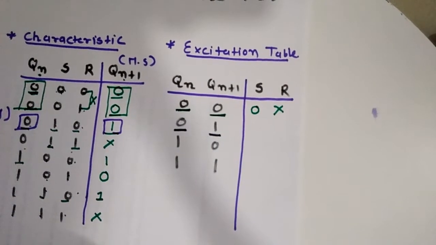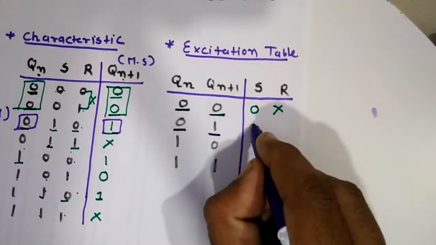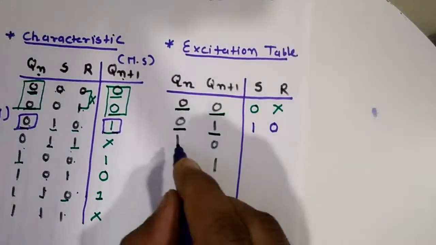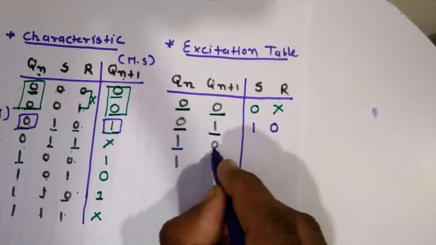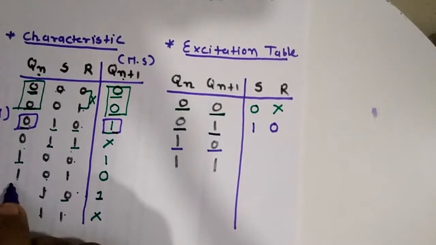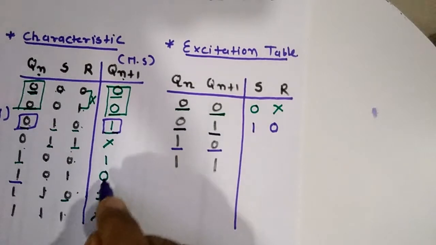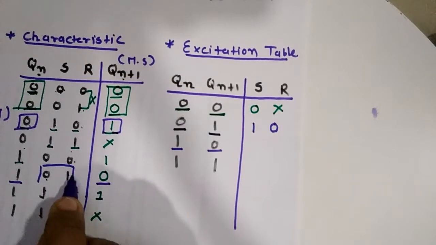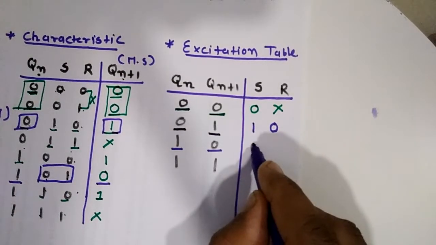Another is no condition. So the input of SR flip-flop is 1 and 0. If Q of N is 1 and Q of N plus 1 is 0, another condition is not defined. So the input of SR flip-flop is 0 and 1.